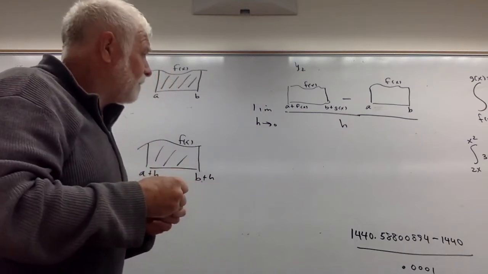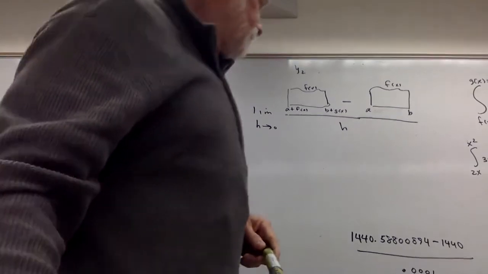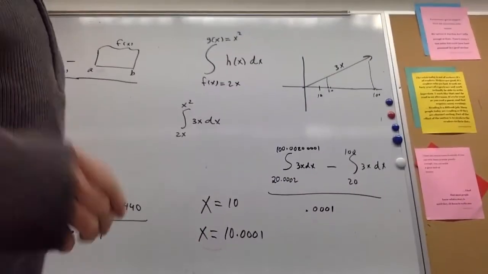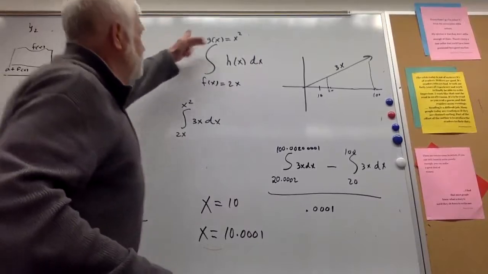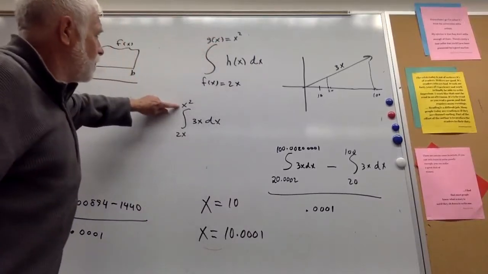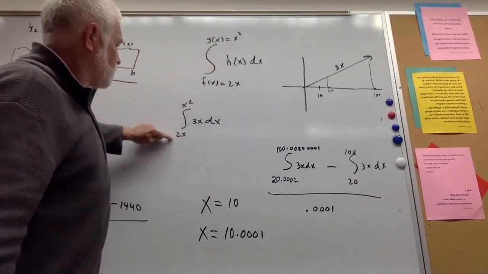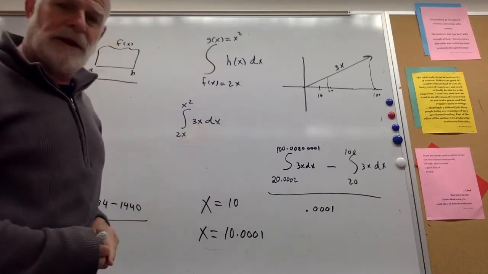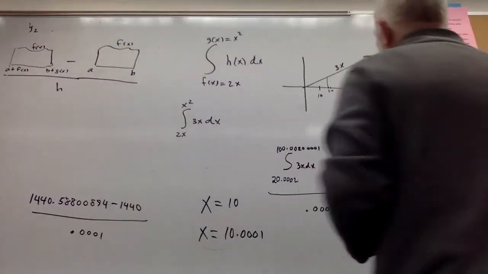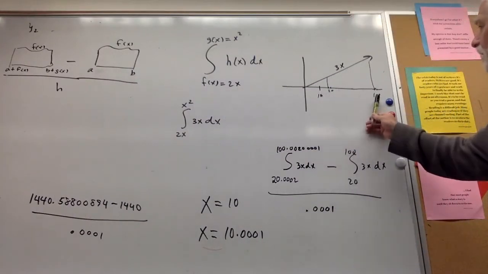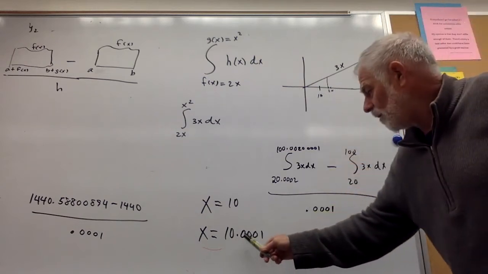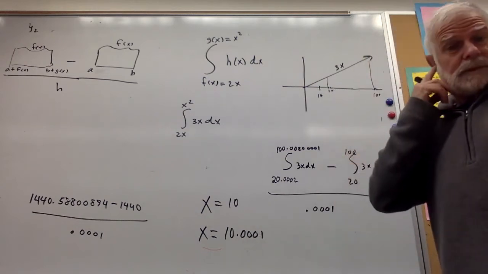And what happens then? I chose what I hope are some pretty basic functions to work with. I'm going to let g of x equal x squared. I'm going to let f of x equal 2x, and we'll just look at the tripling function, and we'll look at how the area accumulates from 20 to 100, and then 20 plus 0.0001.